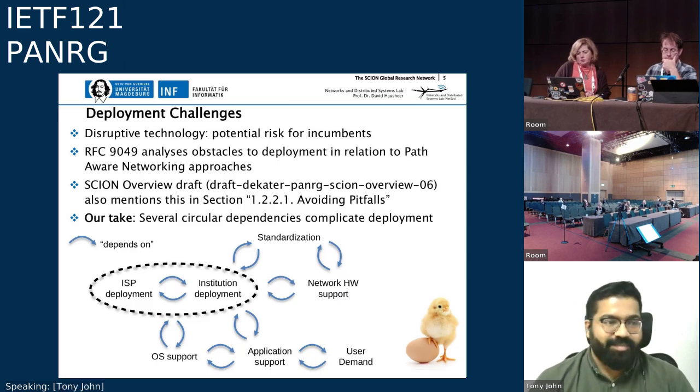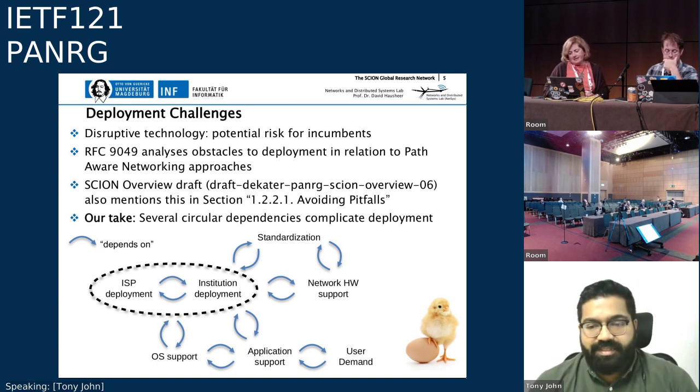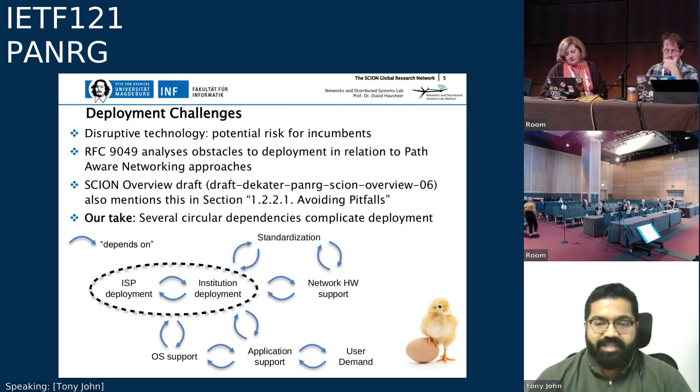Looking at the deployment challenges we faced while deploying this research network, as with the deployment of any disruptive technology, the deployment of SCION too had its challenges.